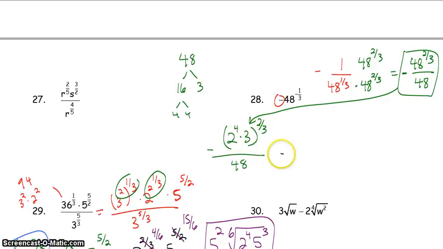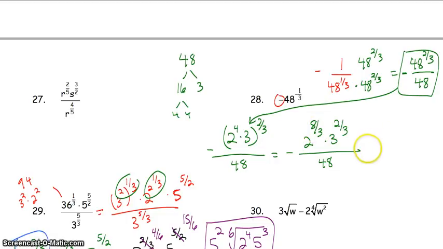Okay, now I multiply that fraction in. I have negative 2 to the 8/3 times 3 to the 2/3, all over 48. They're both in thirds, so that's very beneficial. This one, I need groups of 3 to take a 2 out, so I can take 2 2's out.